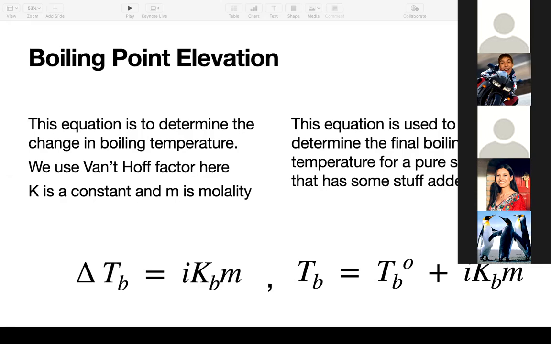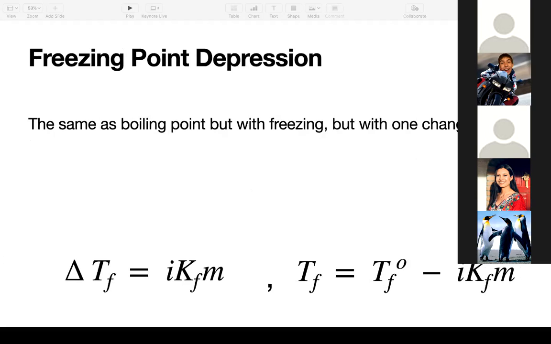So yeah, those are our 2 equations. And also, when we talk about boiling point elevation, we also talk about freezing point depression. I kind of lacked it on this one, but it's the same as boiling point, but we're talking about freezing. And there's one important change: the inclusion of a minus sign, as opposed to elevation having a plus.